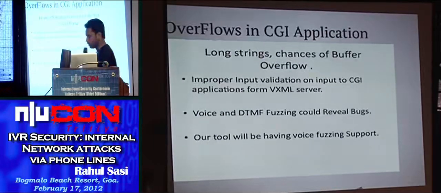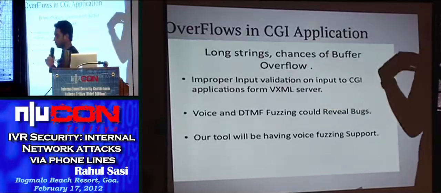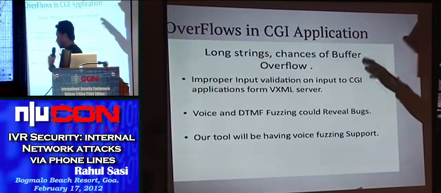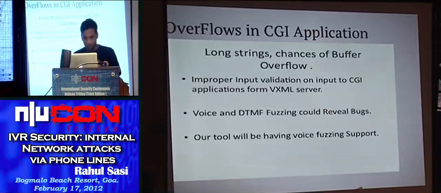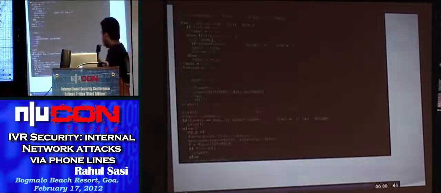How we could find these errors is using DTMF fuzzing. You first use DTMF commands, and then voice commands also. The tool which we'll be releasing, not right now, will have these capabilities.